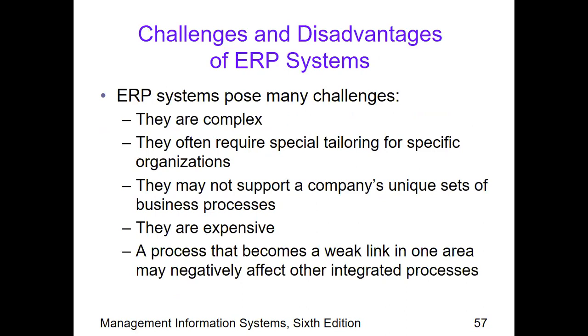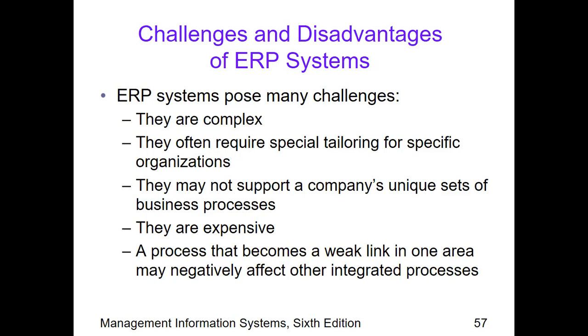Now, what are the challenges and the disadvantages? It is complex, because they are specific software, so the software must be tailor-fitted for that organization. However, although tailor-fitted, the software is somehow made to cater to the common needs. That's why they may not support a company's unique sets of business processes. They are expensive or costly, that's very true.